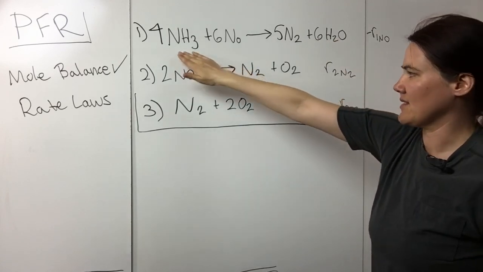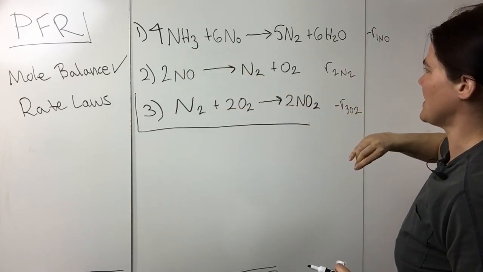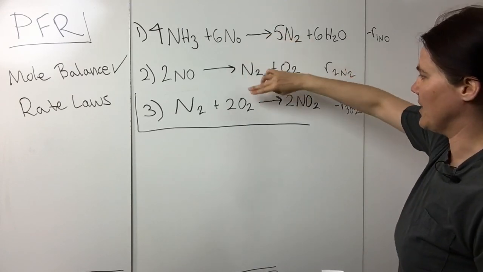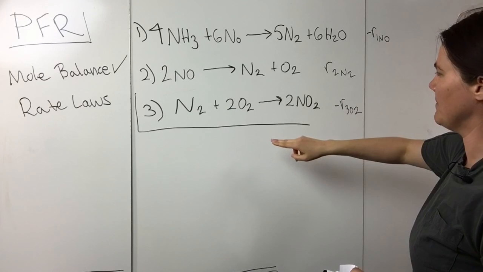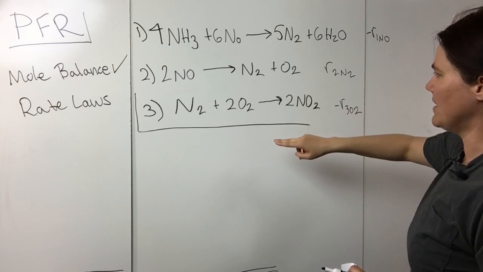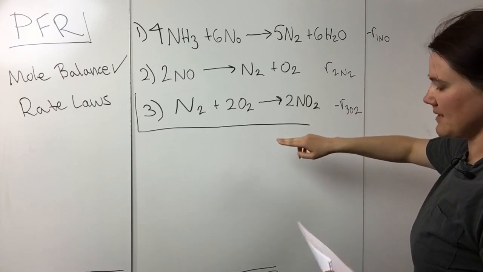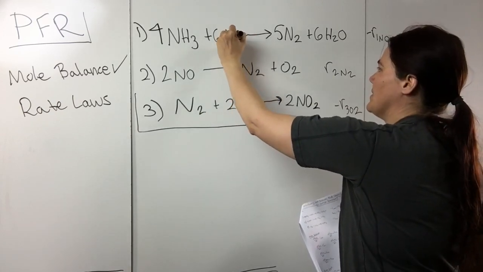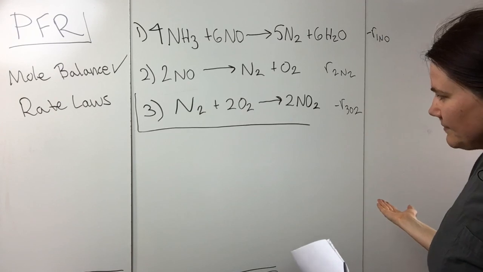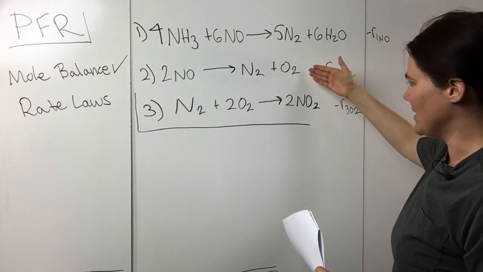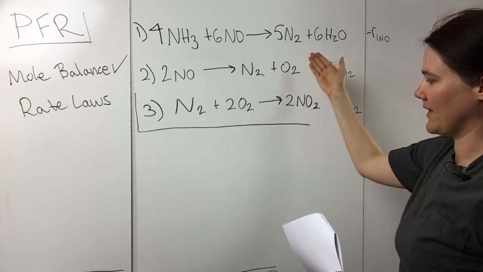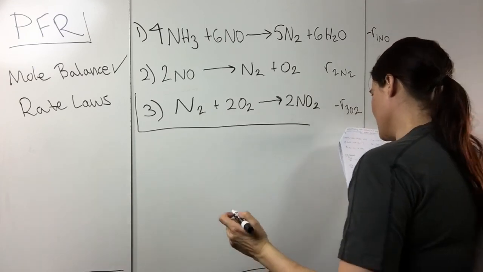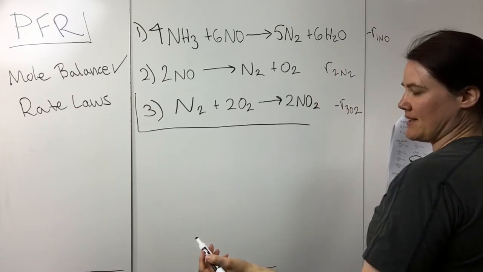In this case, it's only in the first one, but for some of these, like NO, we have it in 2 of them, and oxygen in 2 of them. In your total rate law, you need to account for that through all the equations. So you can just start summing these.